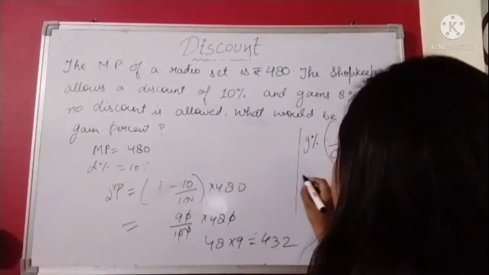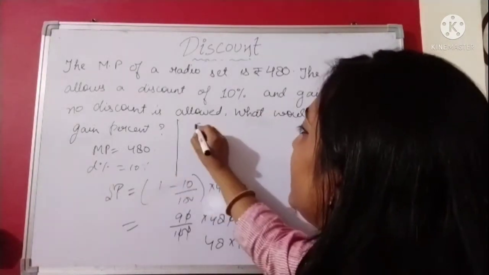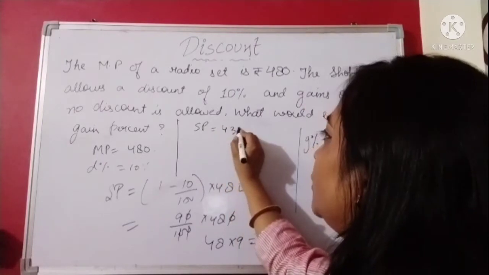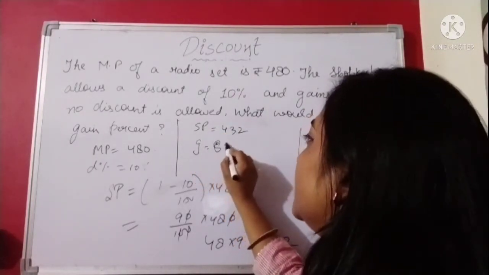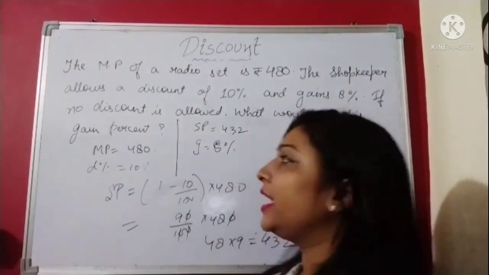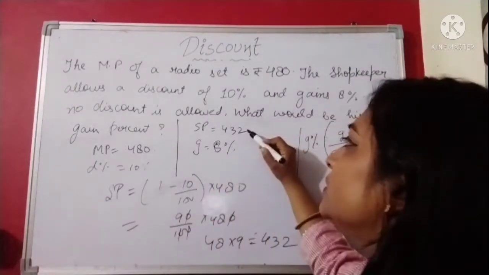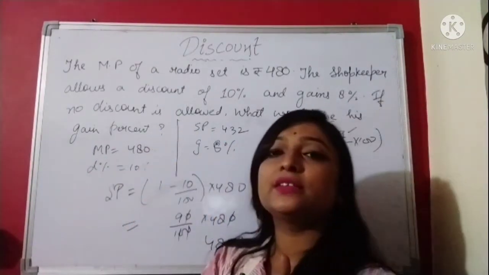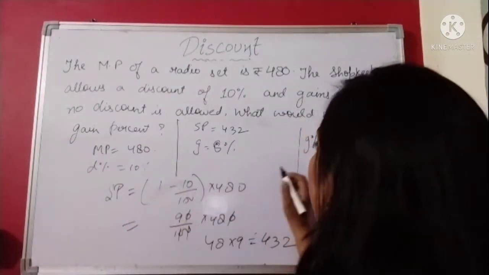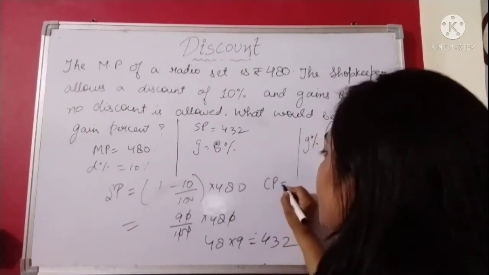Now this is SP. Now what do we have? We have SP as 432. Now gain percent is 8%, right. Now can we find cost price using SP and gain percent? Yes, we can find out. Again, we discussed the same thing in the previous video. What is the formula of cost price?